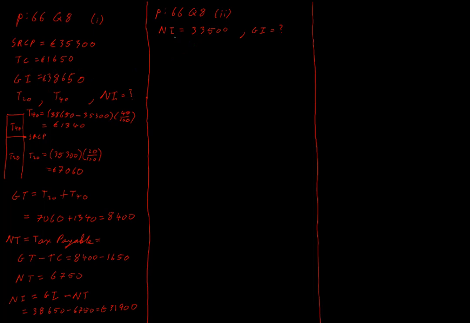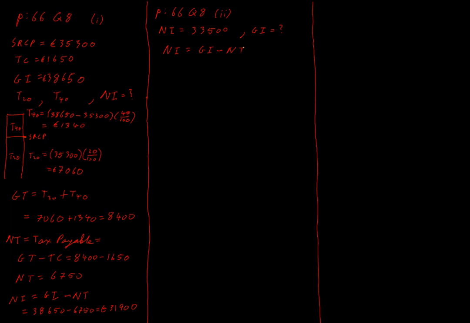Now, let's write out what we know about net income. We know that the net income is equal to the gross income minus our net tax. Well, we know what the net income is. It's 33,500. That's good. We want the gross income, so we like that we have an equation that has those two in it.